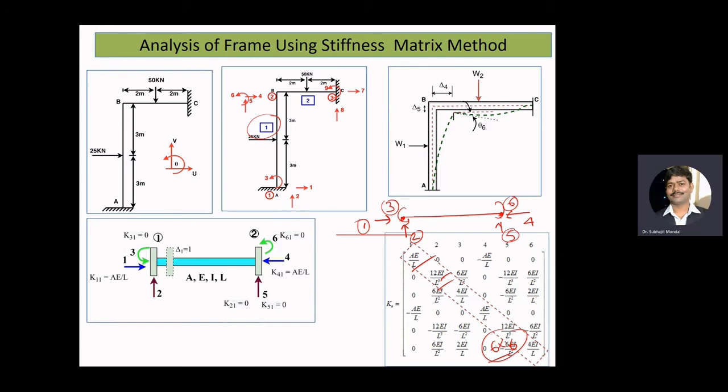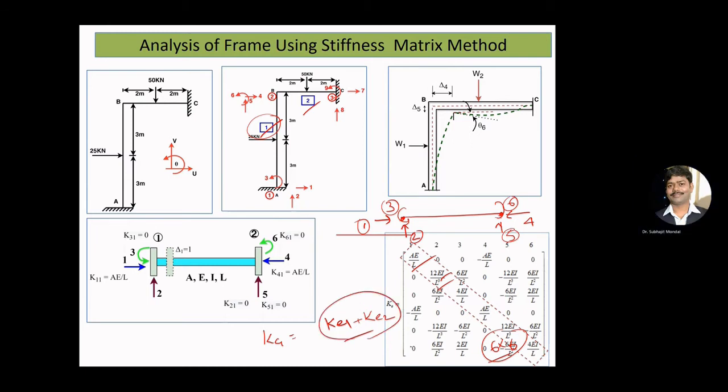Okay. Now, once we identify the stiffness matrix for a frame element, then we need to assemble it if we have more frame elements. Here we have 2 frame elements, element 1 and element 2. Okay, we'll see how we can assemble it and identify the global stiffness matrix.